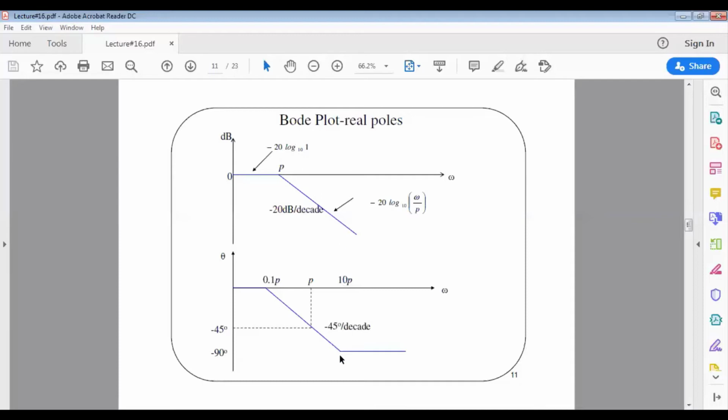Whereas for the phase plot, we are going to have 0 degrees for a frequency of 1 decade smaller than the pole value. And we are going to have a phase of negative 90 degrees for 1 decade higher than the pole value. And knowing that at the pole value, there is a phase of negative 45 degrees. So when we connect those points, we are going to have a slope of negative 45 degrees per decade.